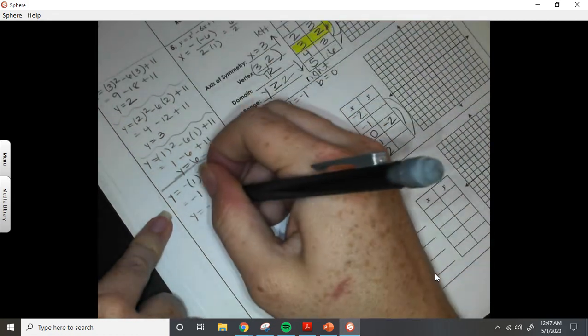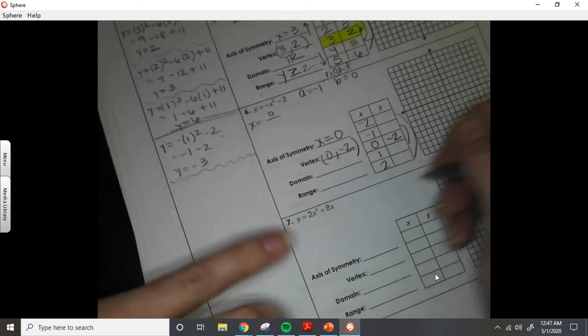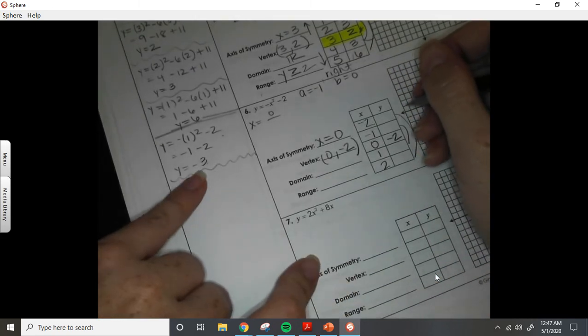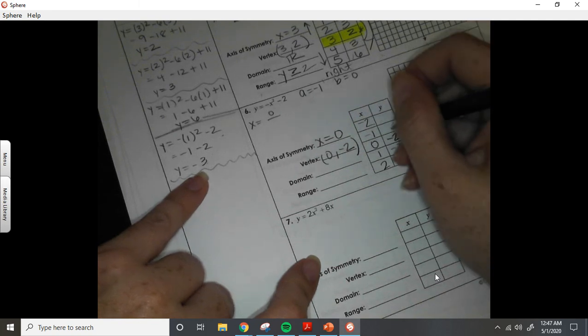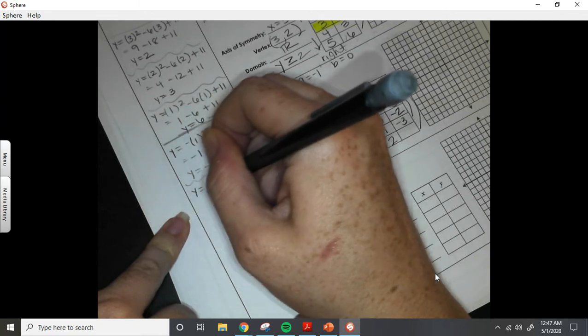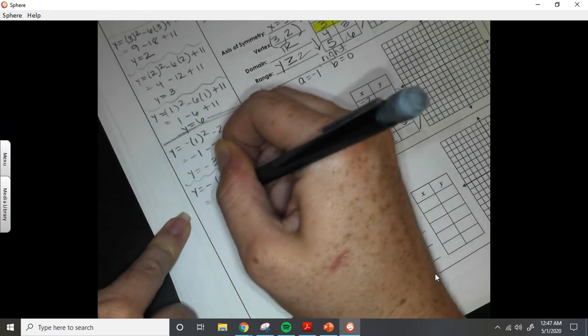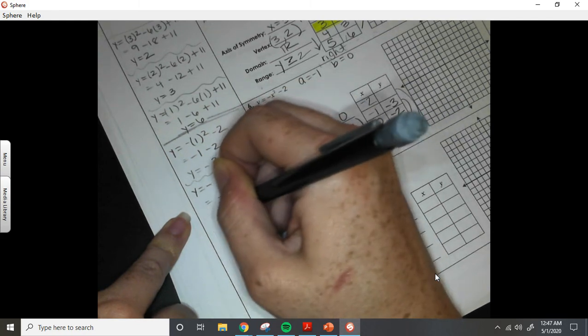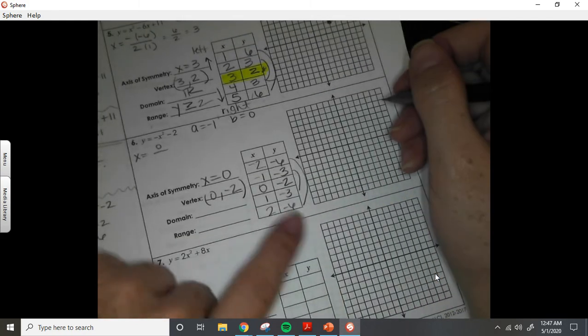If you said -3, you're correct, and I know some of you did, and some of you said -1. Let's plug in 2. Y equals -2 squared minus 2. It equals -4 minus 2. Y equals -6. Let's graph.